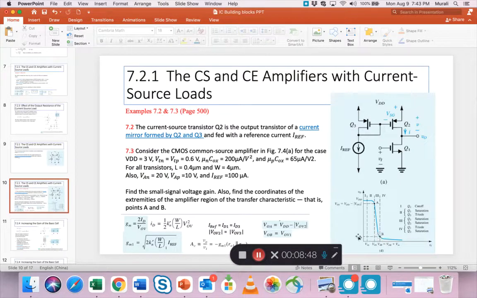the voltage on the output or the input, Vi here, those can be derived from this graph, right? So the point B is nothing but VOV1.